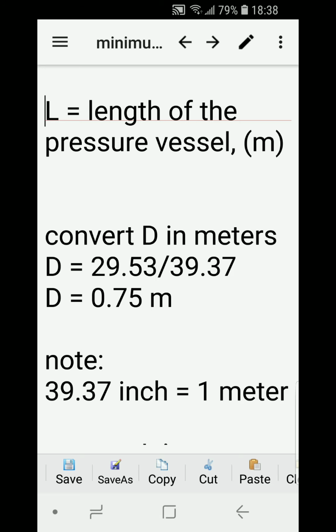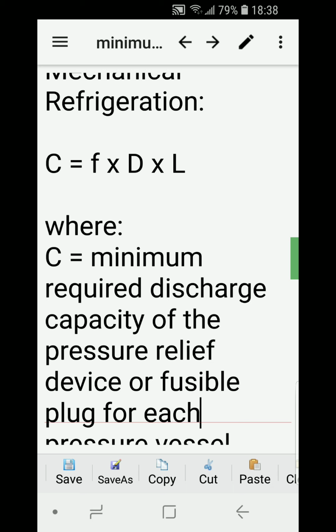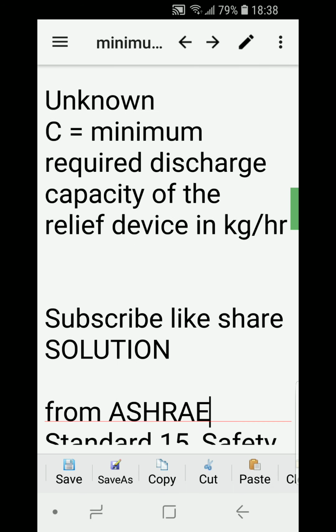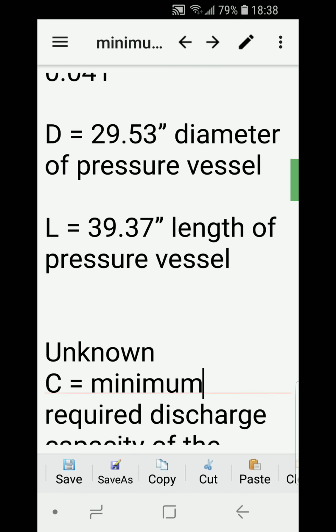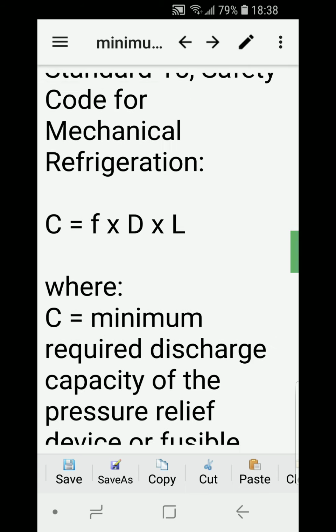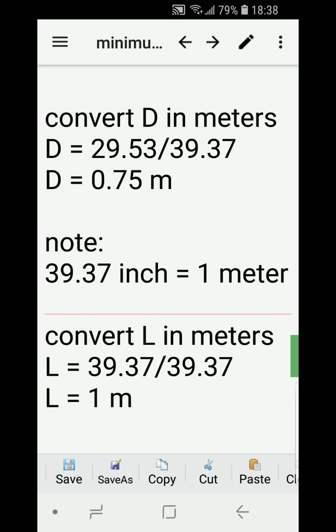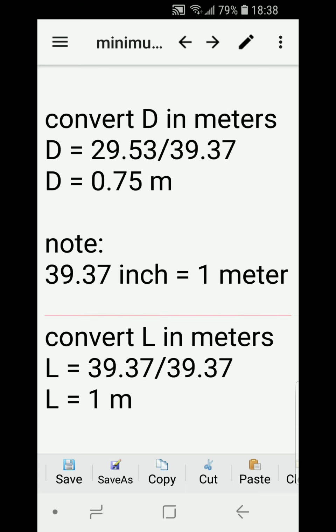So for this, we are given the dimensions of the pressure vessel in inches. So we need to convert these inches into meters. Okay, so we convert D into meters.